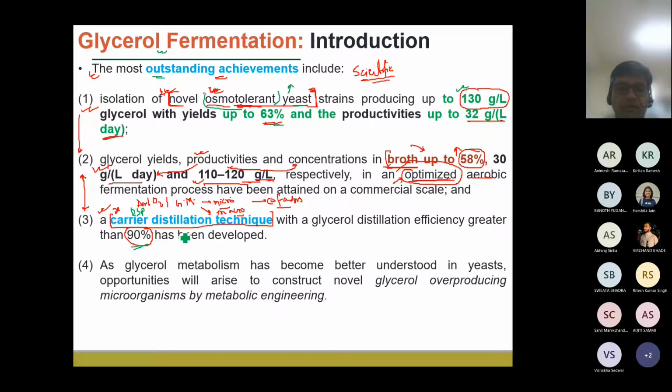So we have to have very good downstream processing techniques to recover it, and the carrier distillation technique is one approach by which we increase the efficiency to as high as 90%. So you can see there are different ways: either by metabolic engineering or by genetic engineering we can improve the yield. Also there are some other chemical engineering approaches like downstream processing. We can modify them to improve the yield and the extraction of glycerol.